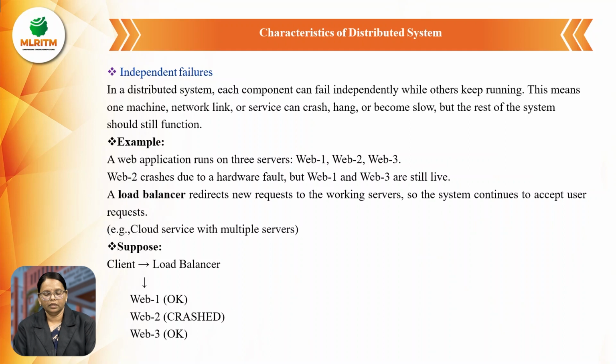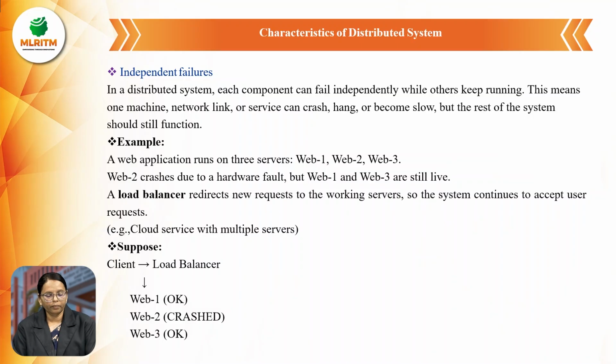Independent values, right? So here in a distributed system, each component can fail independently while others keep running. This means one machine, network link, or service can crash, hang, or become slow, but the rest of the system should still function.